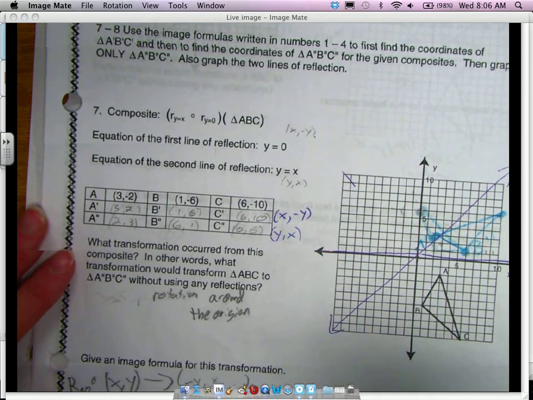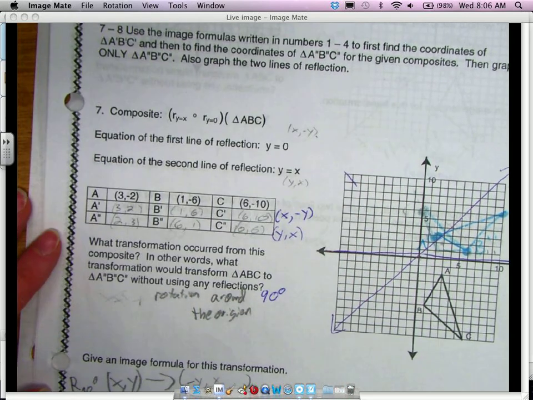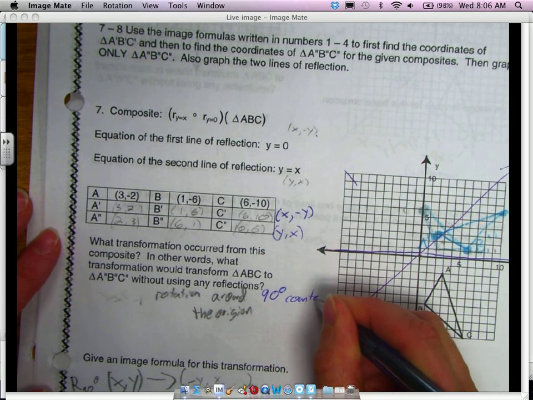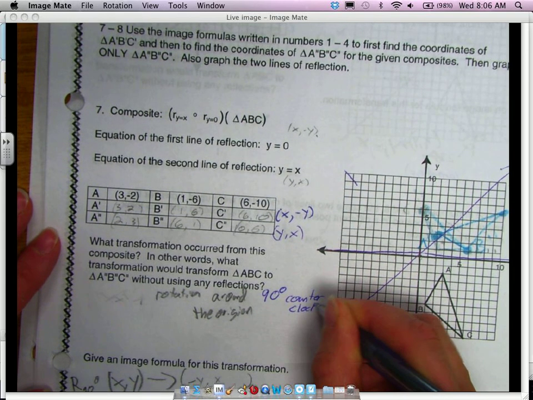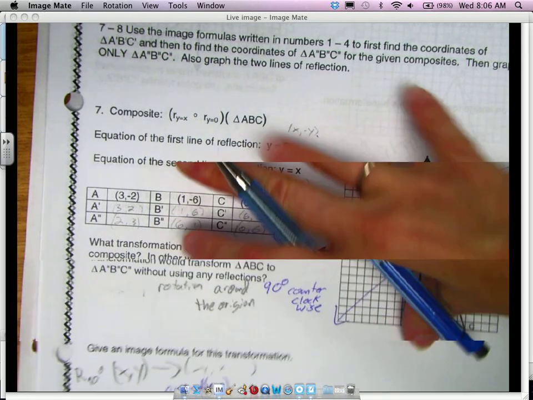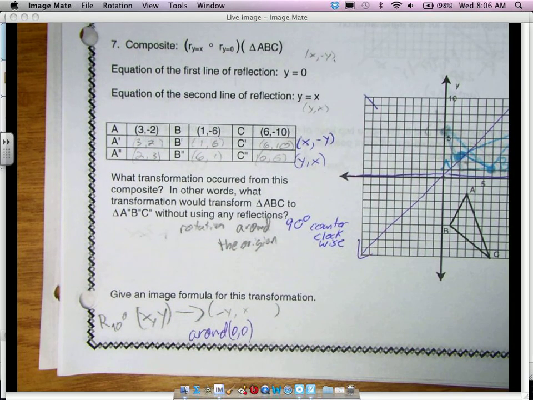And would I say it was clockwise or counterclockwise? Okay, counterclockwise. And if we go 90 degrees counterclockwise around 0, 0, it's negative y comma x. Okay, let's look at number 8.